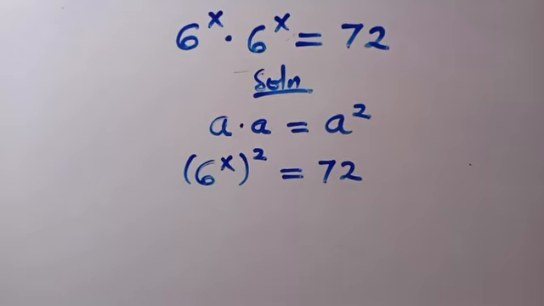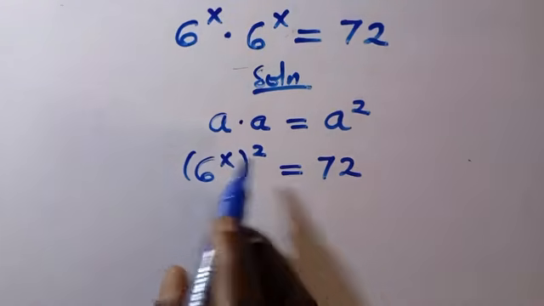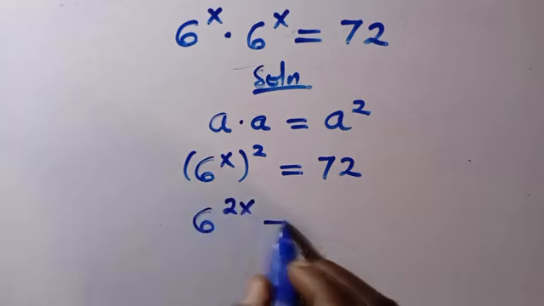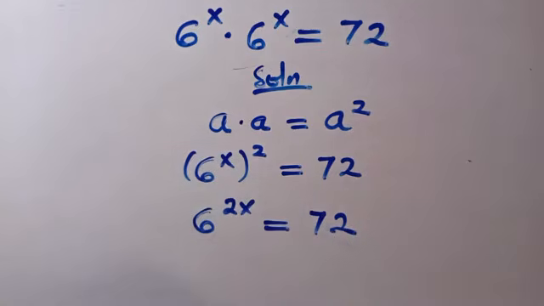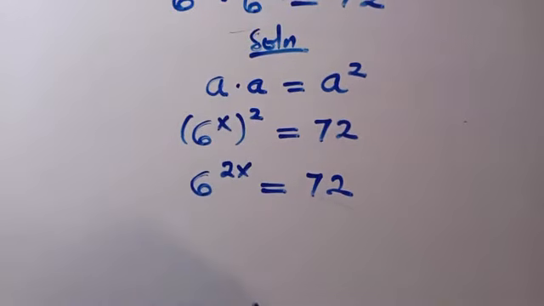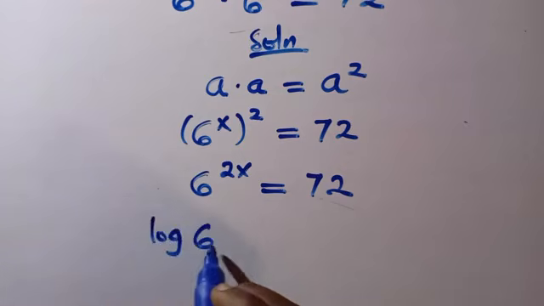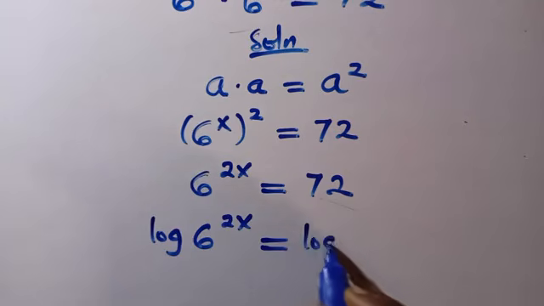And then let's multiply x and 2 together. When we multiply x and 2, we have 6 raised to power of 2x equals 72. By introducing log on both sides, we have log 6 power 2x equals log 72.